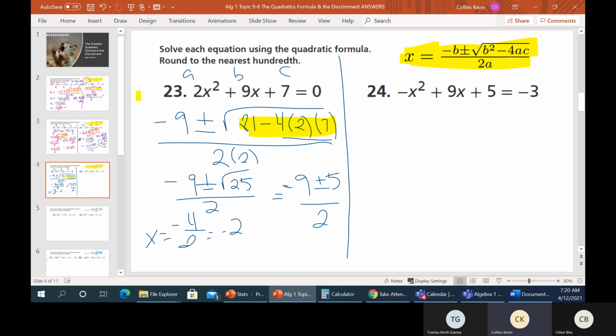And then the other guy would be minus 9 minus 5 more, so that's minus 14, right? So then that would be minus 14 over 2, which would be negative 7. Okay? So that would be our two answers for this one. Questions? Make sense? Okay, good.